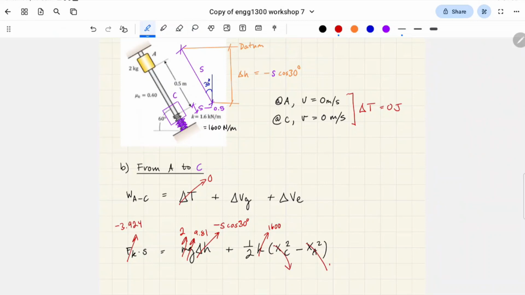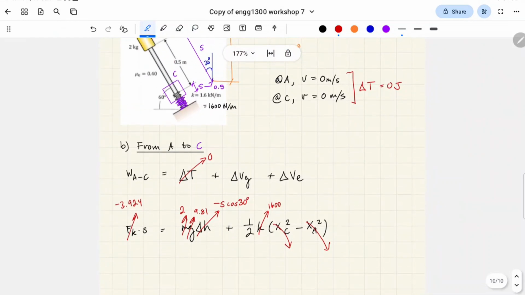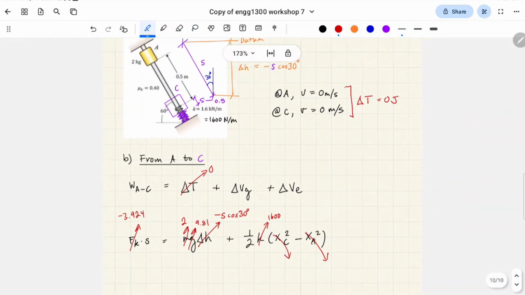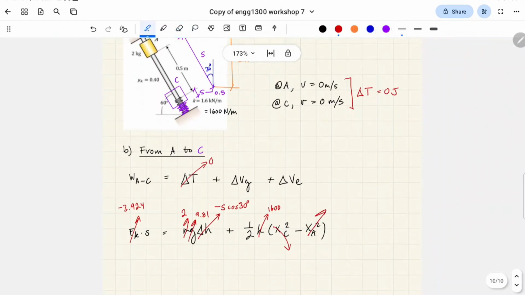Okay, so for XC and XA. Firstly, XA was a spring compression over here, which was nothing, so we can just straight up eliminate that one. For XC, down here, let's remember our equation.